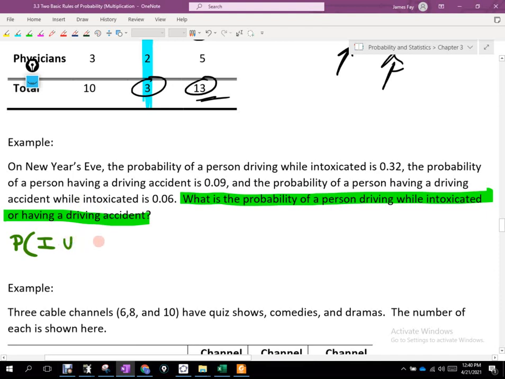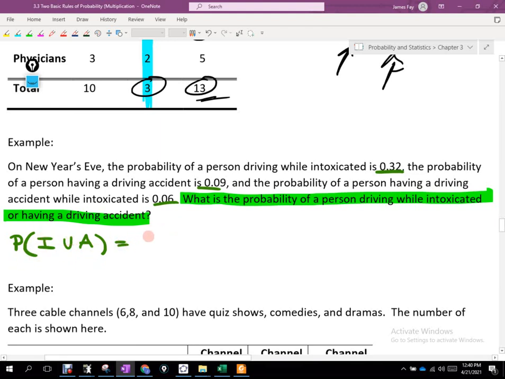So "or an accident" would look like that. Does that make sense? These things are just raw data, raw statistics that have been calculated and recorded over the years, and we can report them. Using those together, we can come up with a new scenario that was not being reported. Does that make sense?